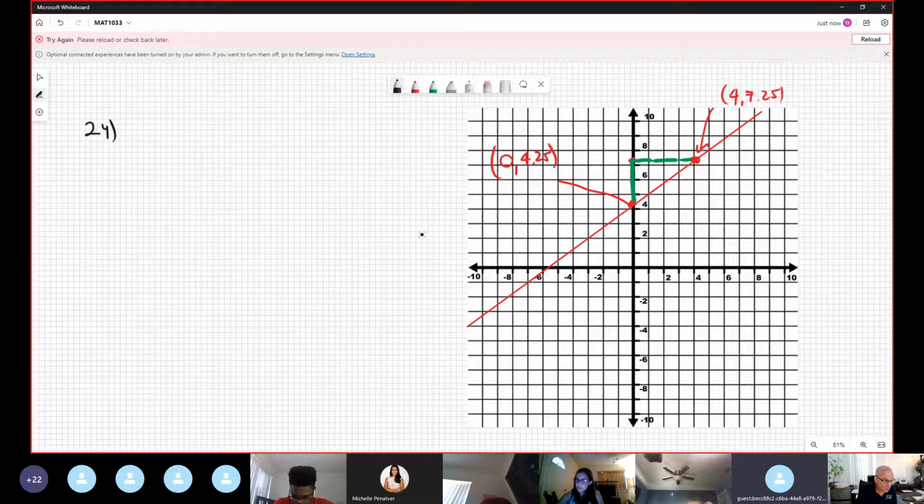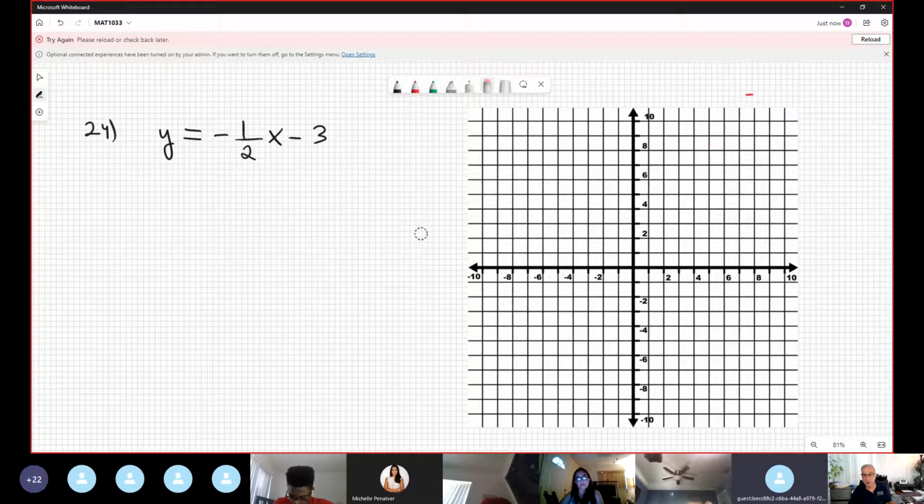Well, 24 is y equal negative 1/2 x minus 3. In this case, it's easy because it's given and it's lowest in a set. You don't need to isolate the y.